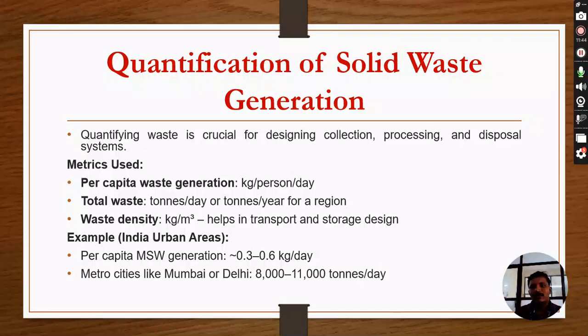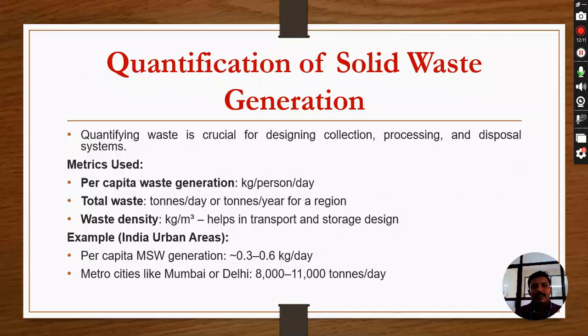It is multiplied by the total city population or town population to easily get the total waste generation. So it is measured in tons per day or kg per day. And waste density is measured in kg per cubic meter. So it helps in transportation and storage facility design.